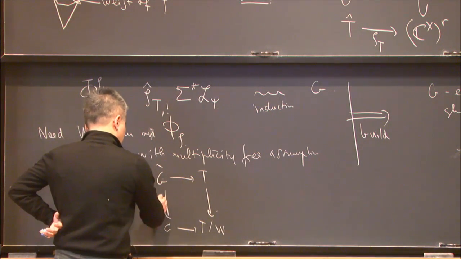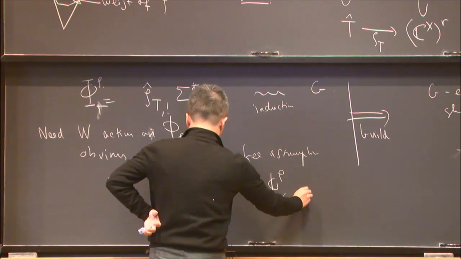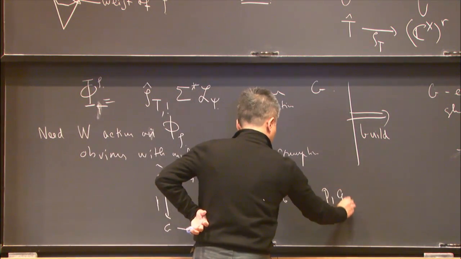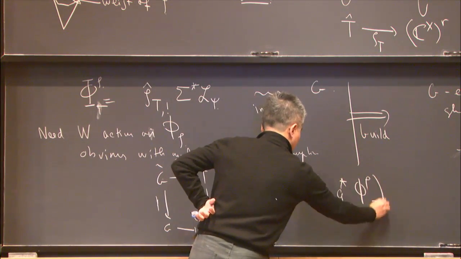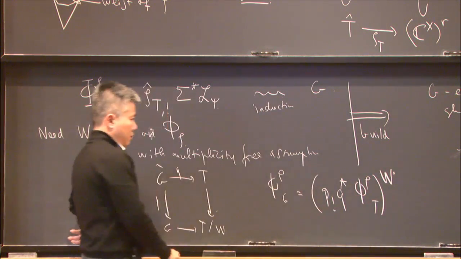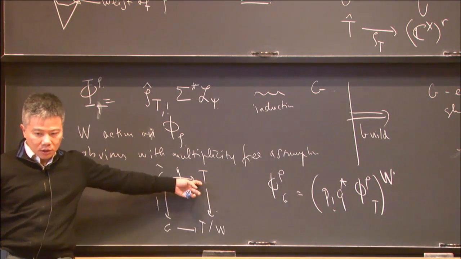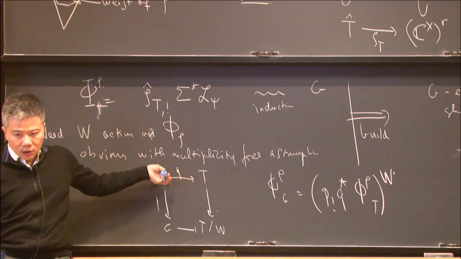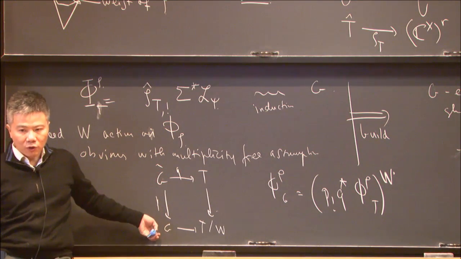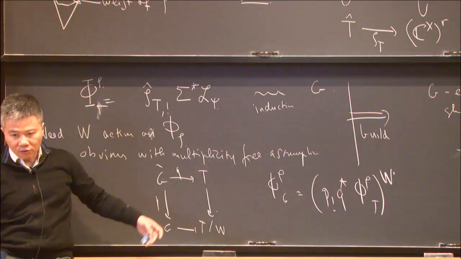So this phi G is: you have your sheaf on T, you pull back to the Grothendieck resolution, G tilde, and then you push it forward. And then you use the W equivariance to take the W invariant part.